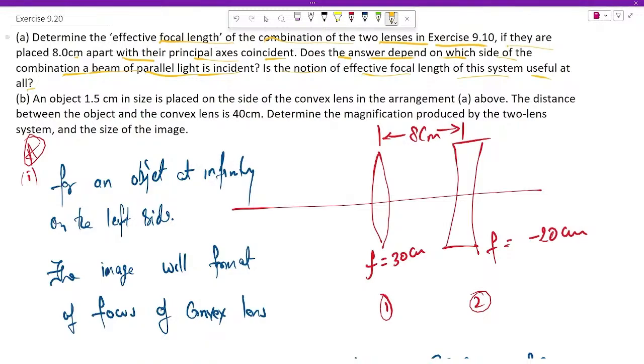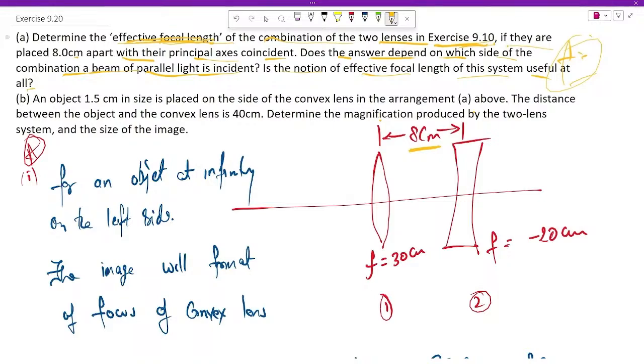In the previous exercise 9.10, we were given two lenses, a convex lens and a concave lens, and we were asked to find the effective or net focal length of the system. Now, in this question, these two lenses are kept 8 centimeter apart. We have to find out the effective focal length, and whether that holds any meaning at all.